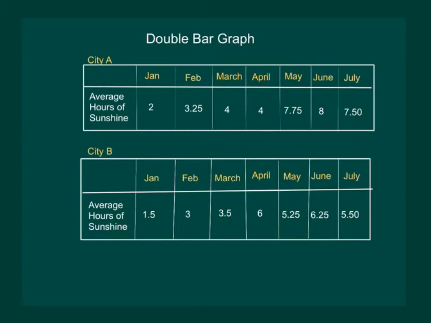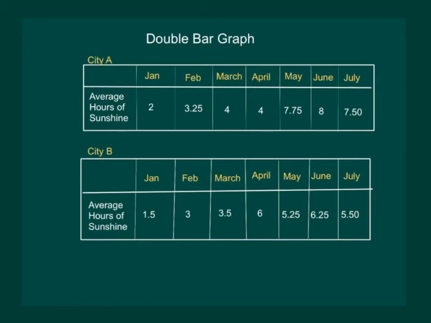Now if we decide to draw individual bar graphs for each table, we will be able to answer questions like in which month does each city have maximum sunlight, or in which month does each city have minimum sunlight.